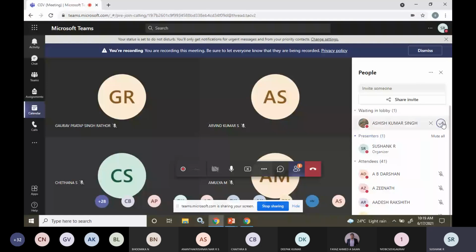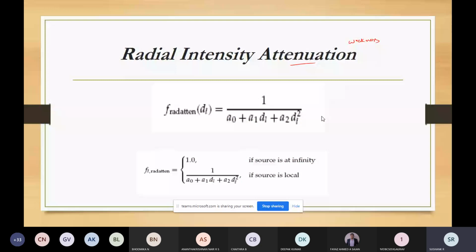So now, as the radiant energy from the light source is traveling through space, the amplitude at any distance d from the source is weakened by a factor of 1 by d square.